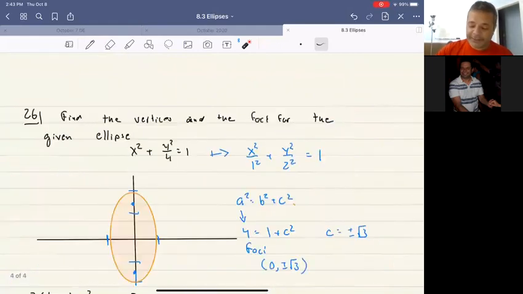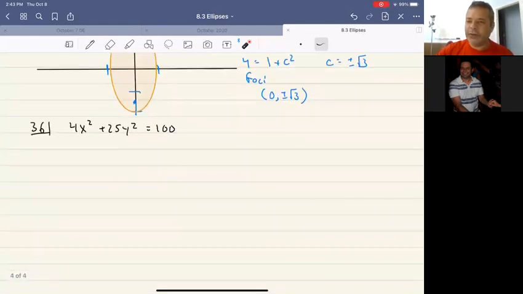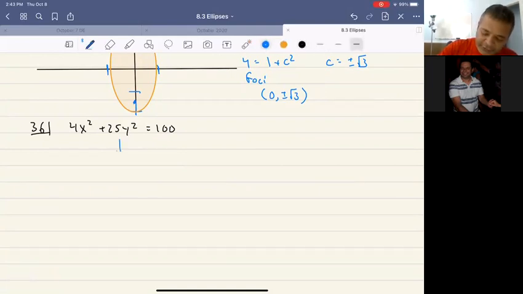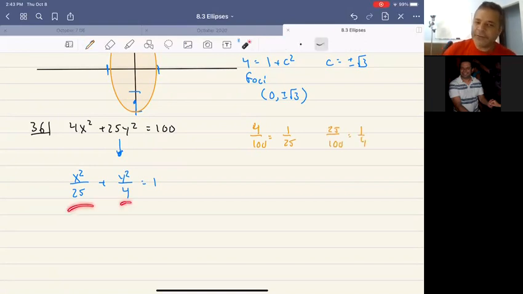How am I going to do that? I'm going to divide the whole equation by 100. So this is equivalent to x squared over 25 plus y squared over 4 equals 1. Just remember, when I take 4 over 100, that's 1 over 25, and 25 over 100, that's 1 over 4. That's how I get these numbers.